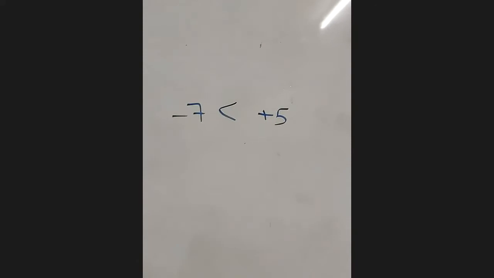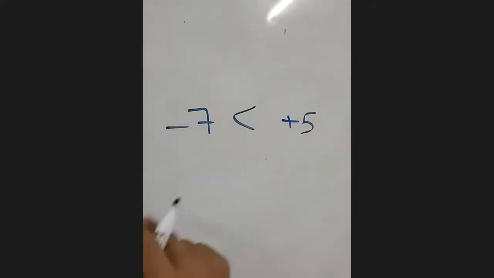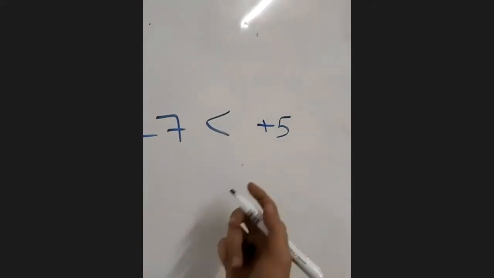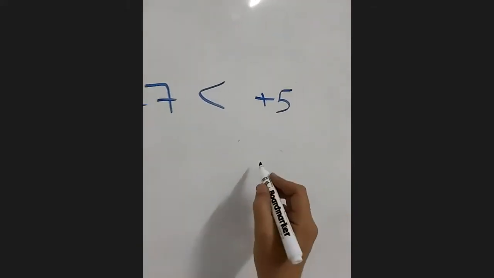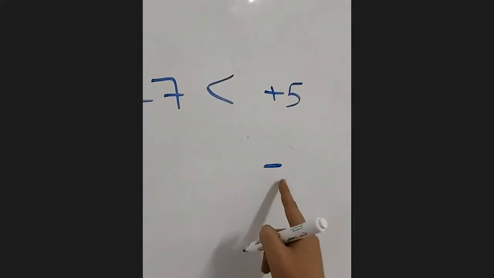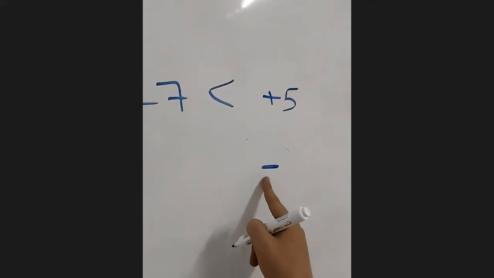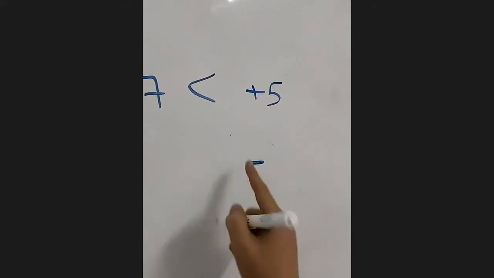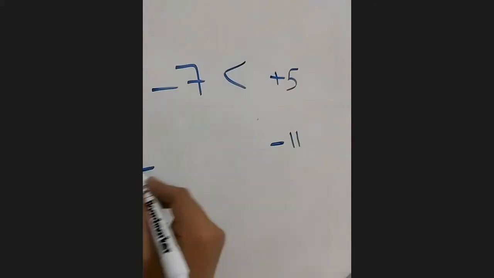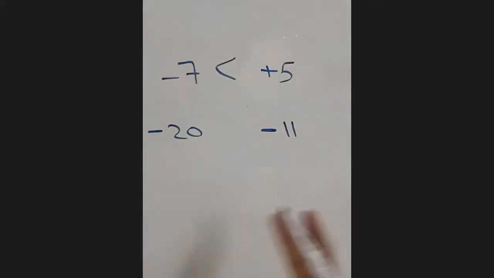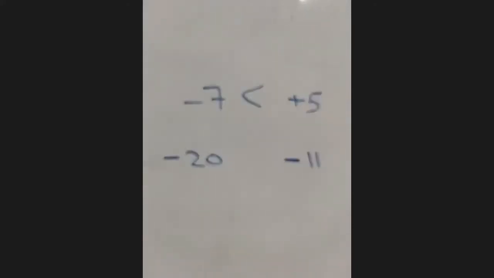Yes. Raise up your voice, mister, I cannot hear you. Now it's good. Now listen to me. Which one is better for you if you lost? Negative means you are losing, right? Yes. If you lost 11 riyal or if you lost 20 riyal, which one is better for you? 11.